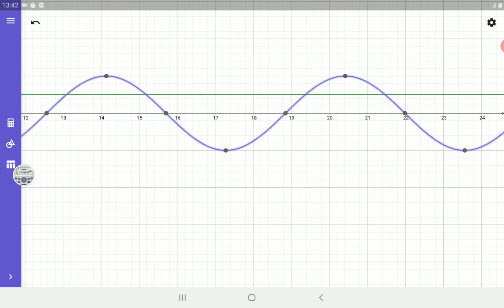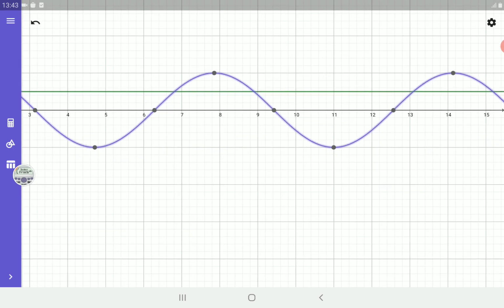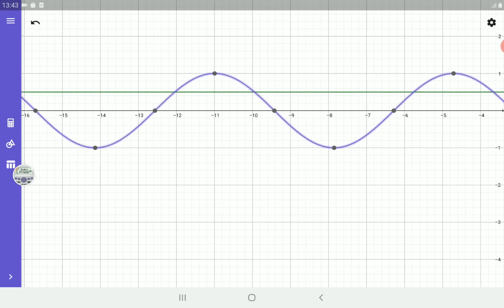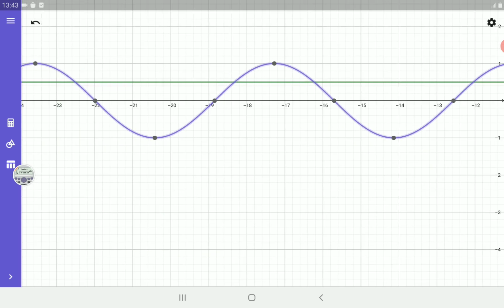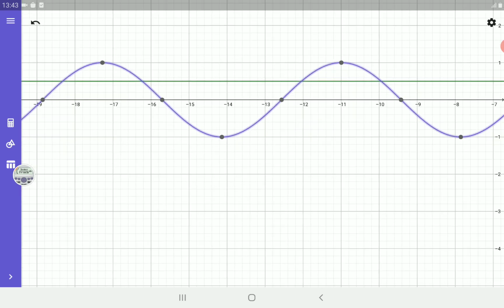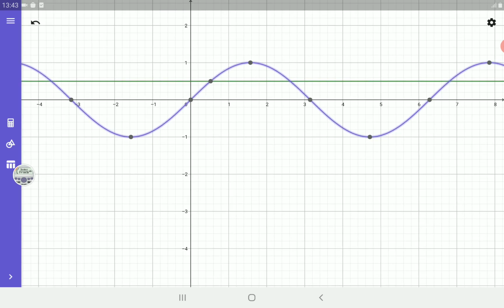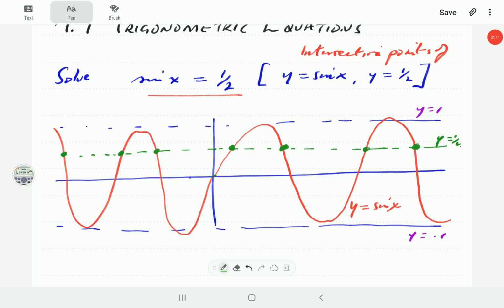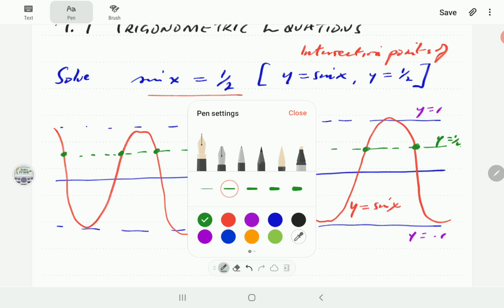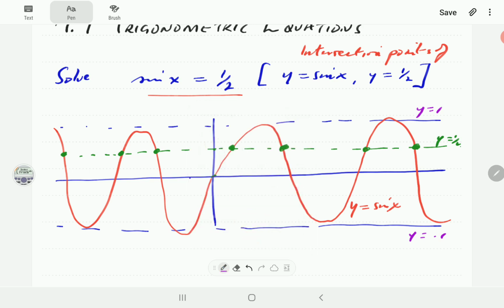We can go this way as far as we want, and we can go the other way as far as we want. There are going to be lots of these points. So going back to the other screen, the thing worth noting about these points is that, for instance, these two between here and here are going to be separated by 360 degrees.